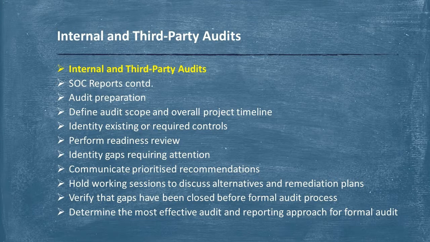Before the audit, the company prepares these things. They verify the gaps, rigorously do the audit themselves, plug all the holes and do whatever remediation is required. Then the auditor comes. Finally in the preparation, they determine the most effective audit and reporting approach for the formal audit.